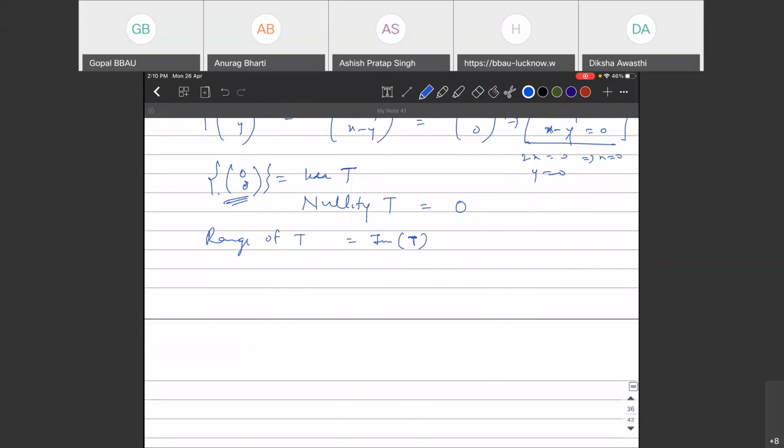First see whether T is onto or not. What is the definition of an onto function? Onto or surjective? When do you say a function is surjective?